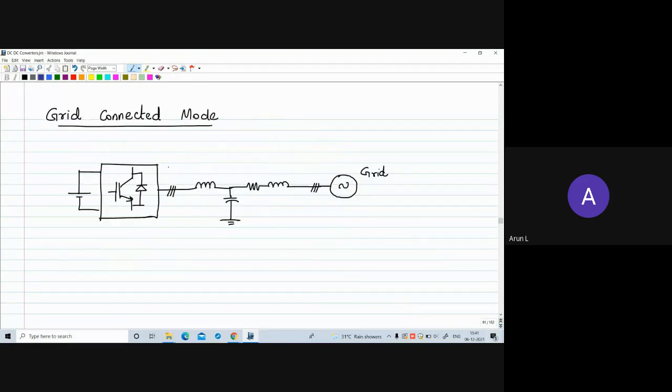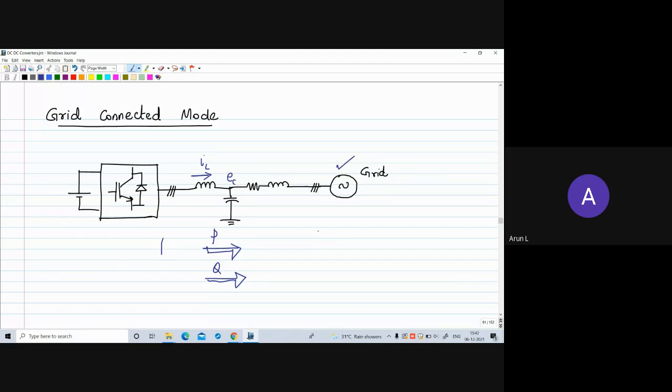When in grid connected mode, again we will be sensing this inductor current. We are not controlling it actually, we are sensing this inductance voltage and the inductance current and the capacitance voltage, and we will be controlling the amount of active power which is injected into the grid and the amount of reactive power injected into the grid. So that will be controlled in the grid connected mode. Voltage and frequency are decided by the grid.